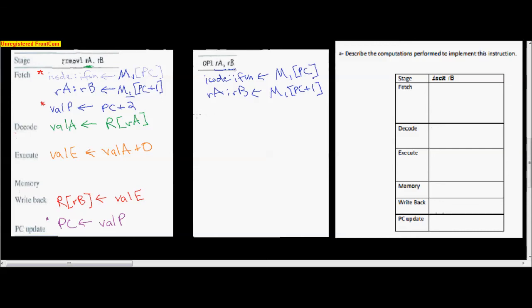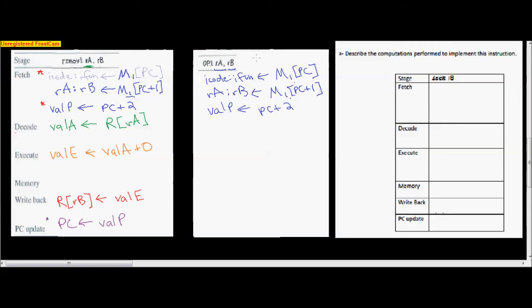Do we have a val C? No, we don't have a val C because we're only dealing with the values in the registers. There's no $5s or constants or anything. And then val P will be equal to the program counter plus 2.